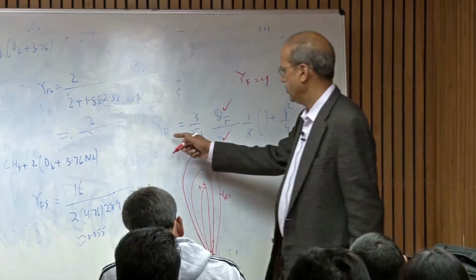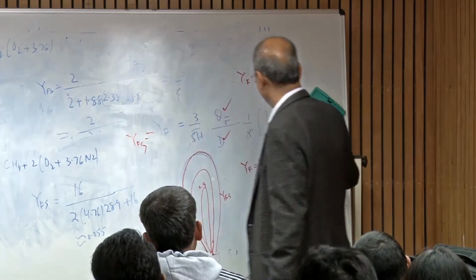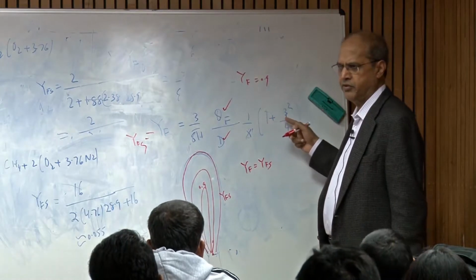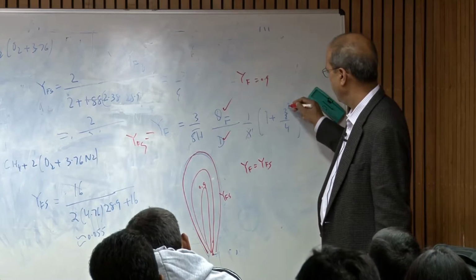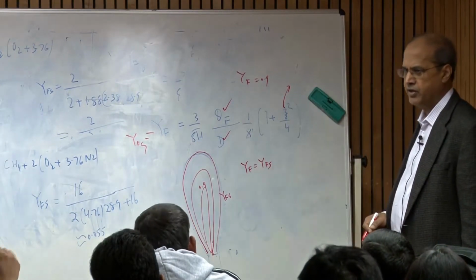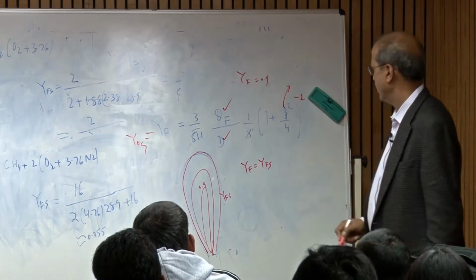So substitute this equal to YFS, and then you can plot, you can even make an Excel sheet, and from the Excel sheet you can get R as a function of X, because remember psi is just a function of R and X. Oh yeah, minus 2 here. Thank you.